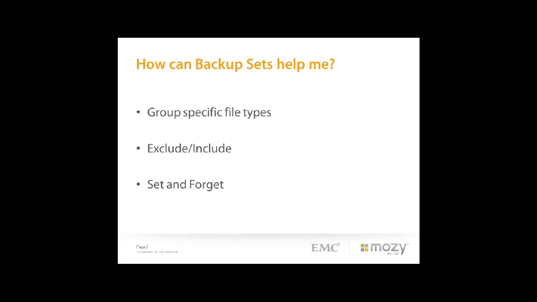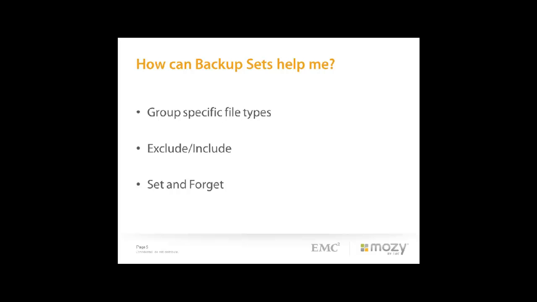You will see in the Mozy backup client that you already have some predefined backup sets. These are ones we created ourselves as the most common things people would select for backup: PowerPoints, Word documents, Excel spreadsheets, things of that nature that would be the most common, especially for business users.